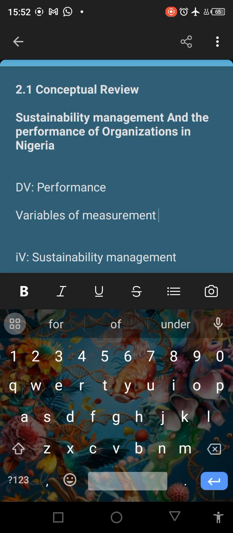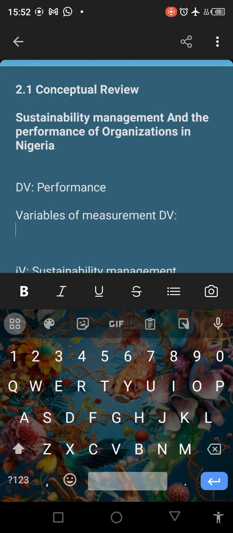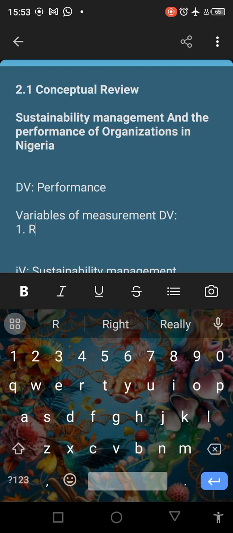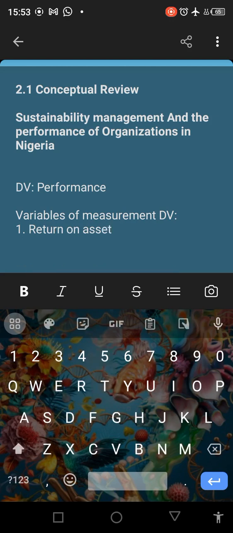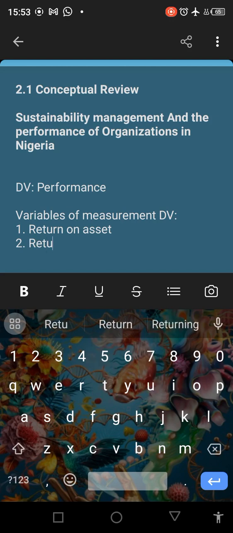For instance, my variables of measurement under my dependent variable, performance, are: number 1, return on assets, that is my ROA. Number 2, return on equity, that is my ROE.